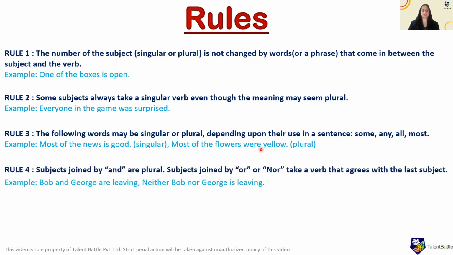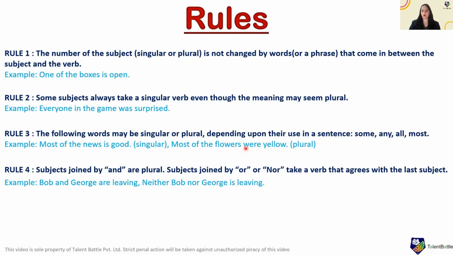Next rule, subjects joined by and are plural, but subjects joined by or, nor take a verb that agrees with the last subject. Apple and orange are good for health. Here we're talking about both of them, and hence that is plural, more than one, and hence we are using are. Words which are joined by and, we say it as plural.